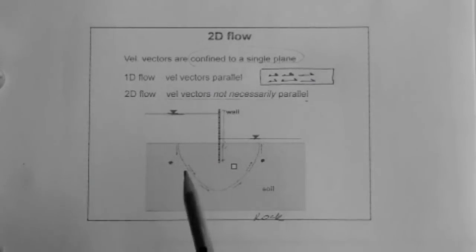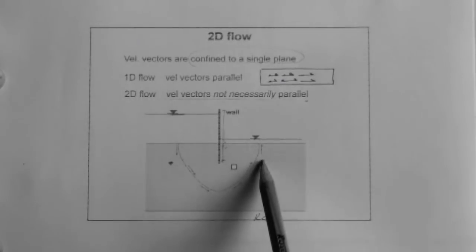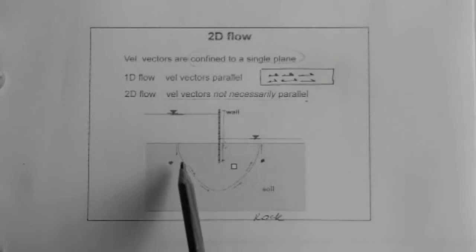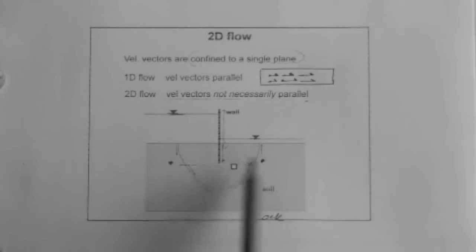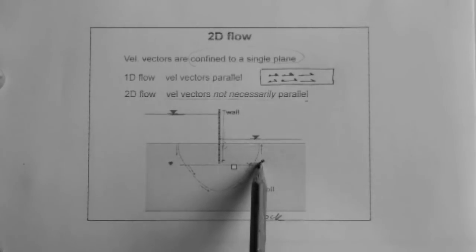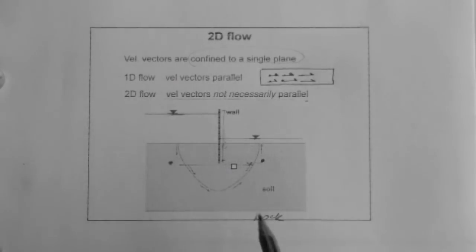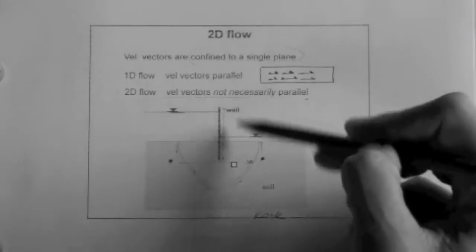Therefore you can expect that flow will occur from this point to this point. Now the flow is not going to occur from this point to this point in a horizontal manner. The flow is going to reflect what the geometry of the system is.